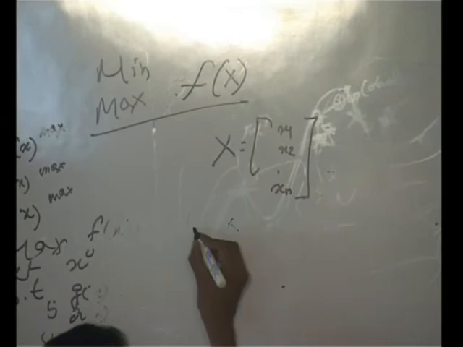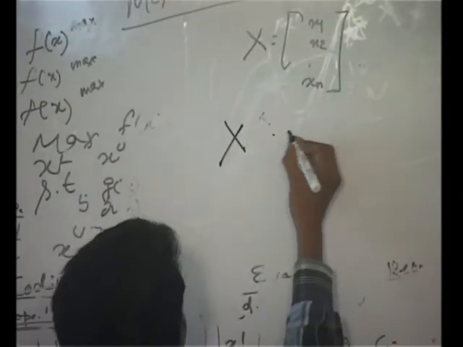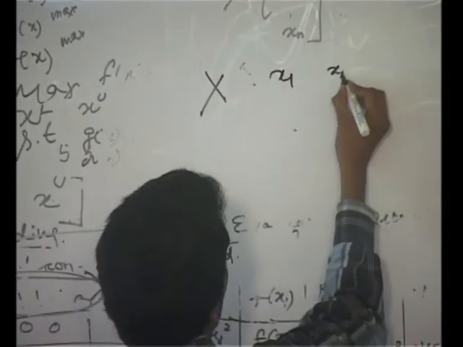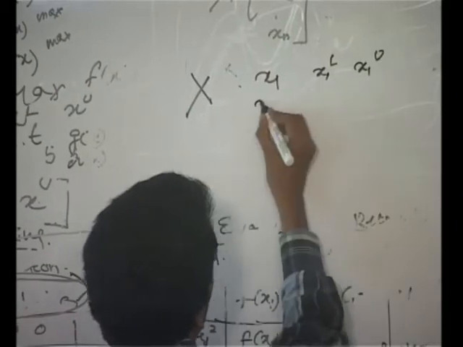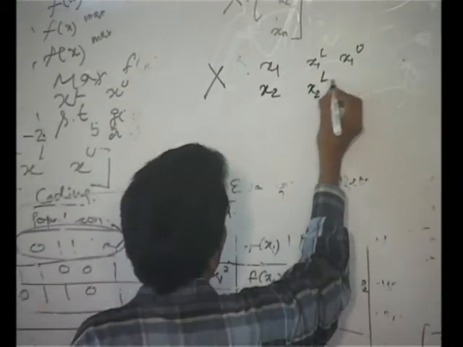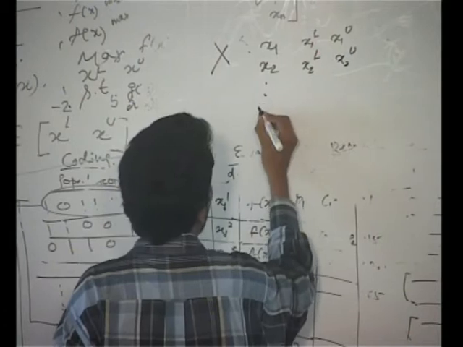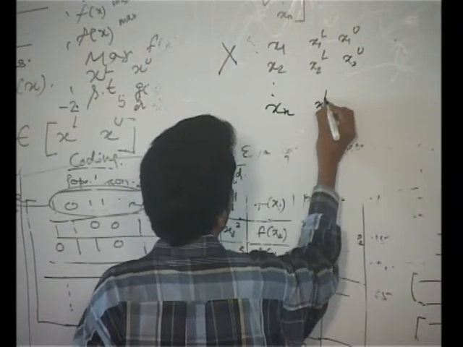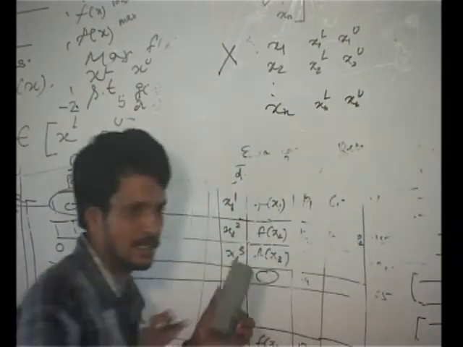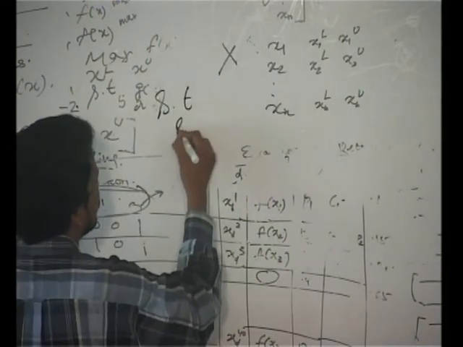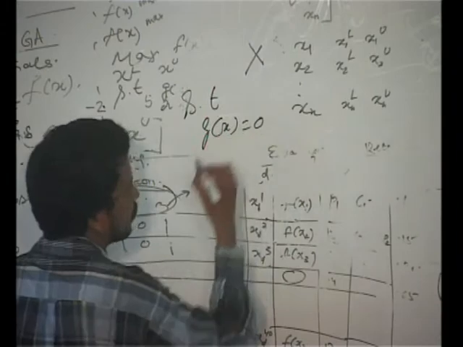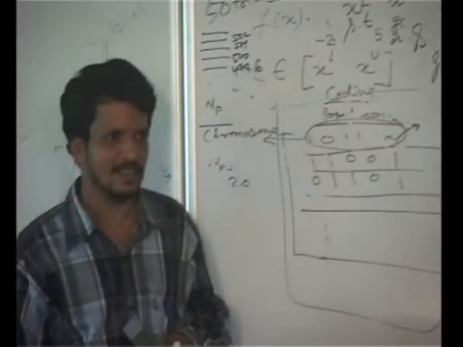Every x has a range: x1 has its lower limit and upper limit, similarly x2 lower limit and upper limit, likewise xn lower limit and upper limit, subject to g(x) equal to 0. Many constraints are there. Clear?